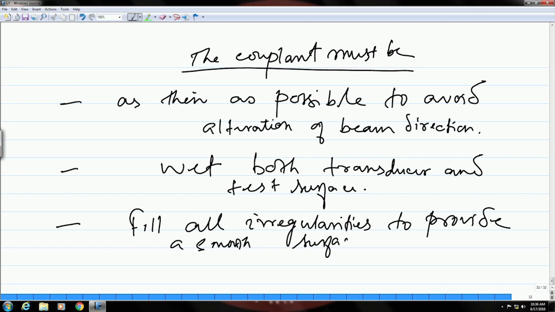So, this is another advantage you have when you apply this couplant. It will fill up all the irregularities on the surface, and it will provide a smooth surface for the probe to move. And it should not restrict the movement of the probe. So, it should allow free movement for the probe.